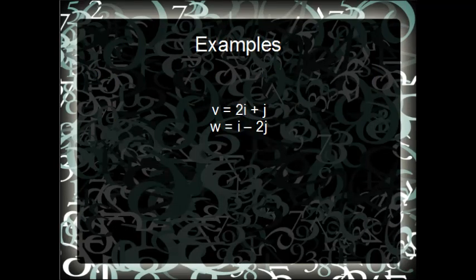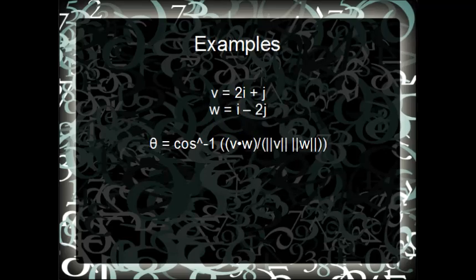And now it's time for some examples. The first one being that a vector v equals 2i plus j and the other vector w equals i minus 2j. Your job is to find the angle between those two vectors. Use this formula to help you.